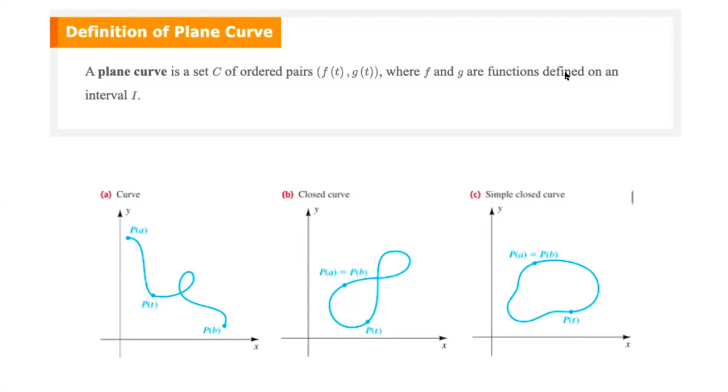For example, in this curve here, we start at P of A and we finish at P of B. The direction is that I start here and move along in this direction. It does a little loop, comes back out, and finishes at this end point.